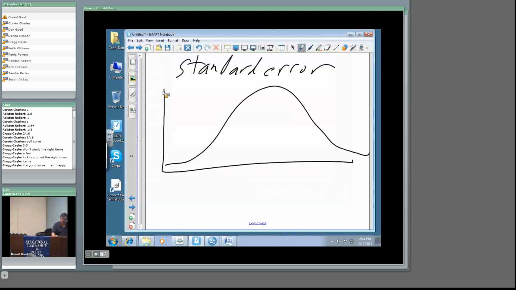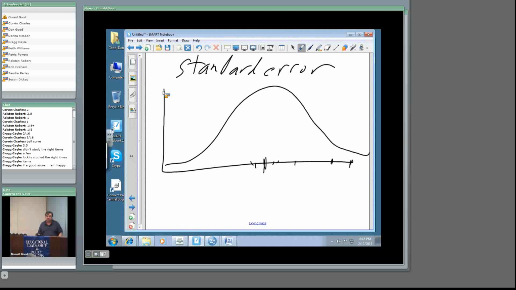If here's our mean, I'm going to get a little error high or low. And the further out, it's less likely I've got error that's here. Even less likely I've got this much error. So error tends to hover around the mean. Tends to cancel itself out.